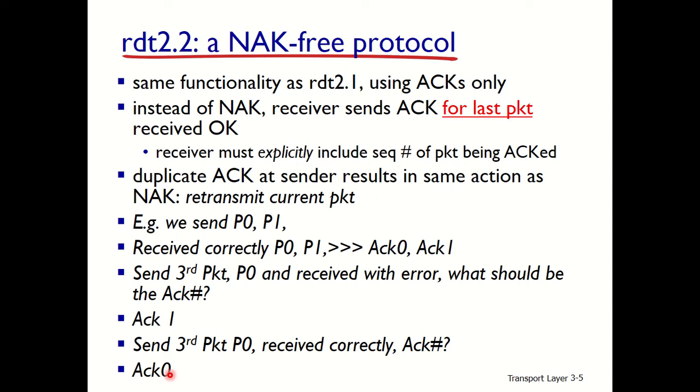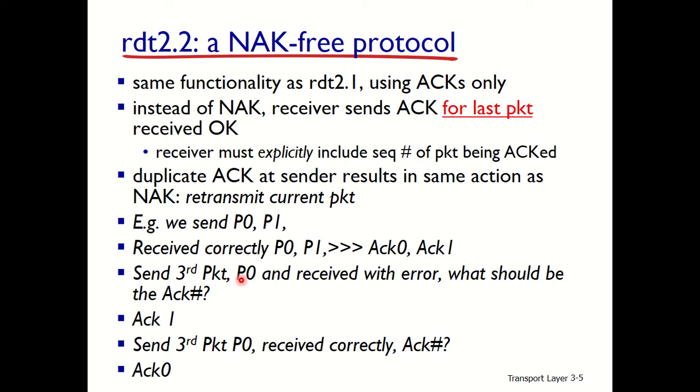So in this way, we can get duplicate acknowledgement. Why? Because acknowledgement 1 is sent for the first time for the P1 packet.